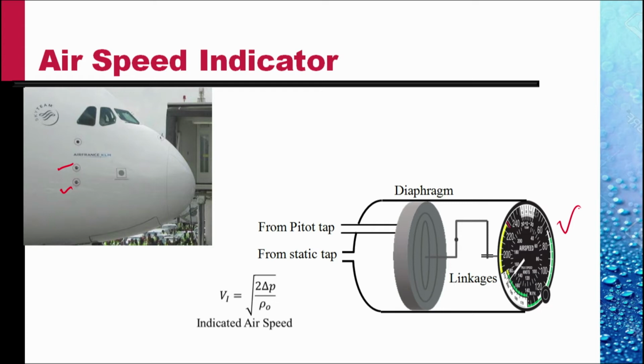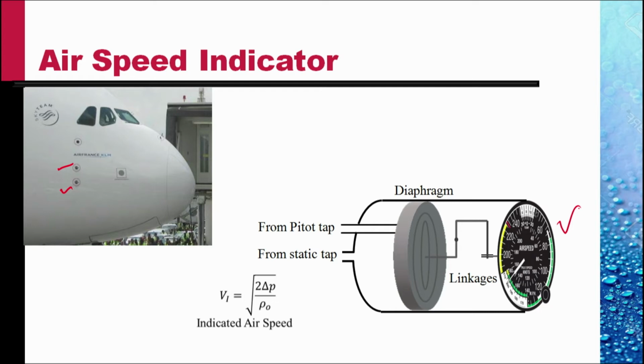Actually, the velocity should be the square root of twice delta P by rho, where rho is the density where the aircraft flies. But that would be very difficult to determine, if not impossible. So these dials are calibrated using density fixed as the density at the mean sea level in a standard atmosphere.